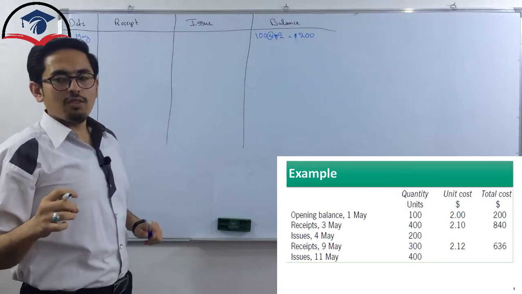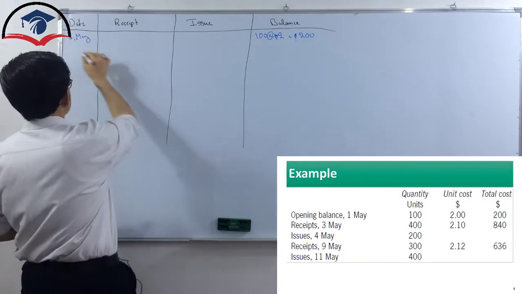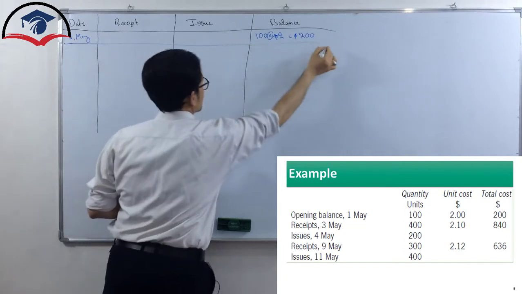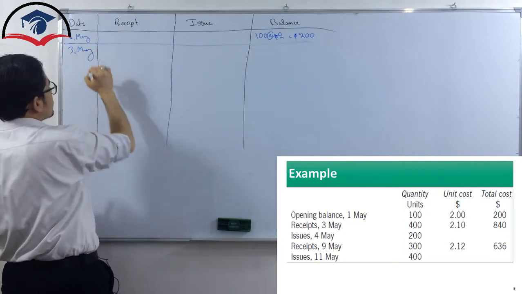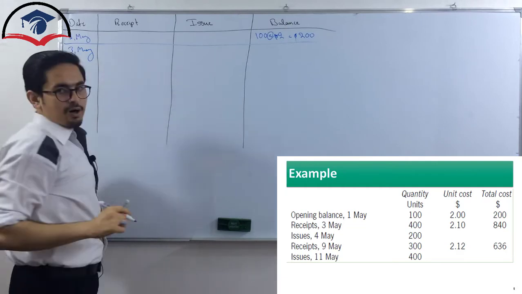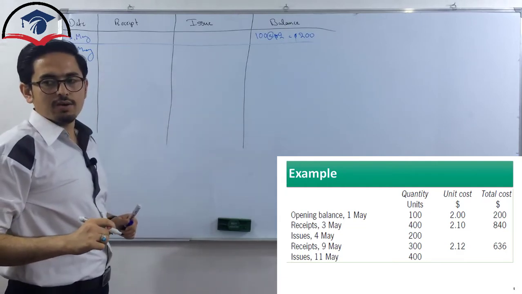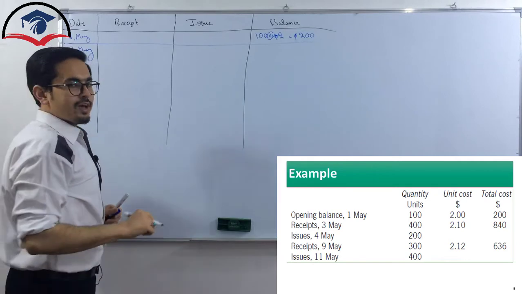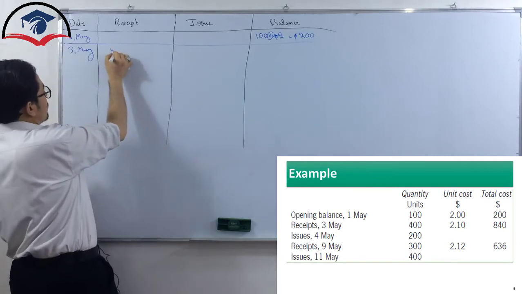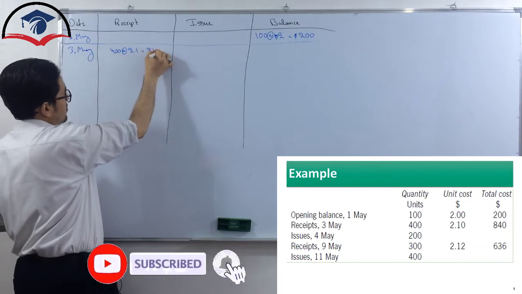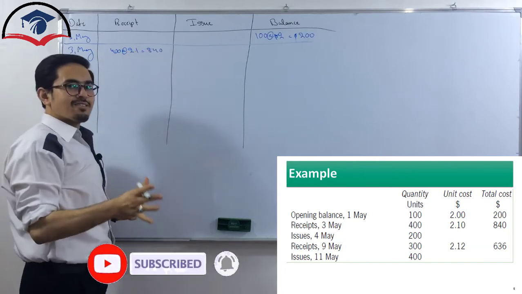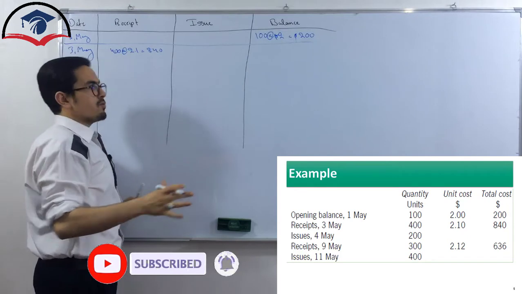After that, on 3rd May we have some receipt. There is a receipt of about 400 units at the rate of 2.1 equal to $840. This is still similar to the FIFO method.